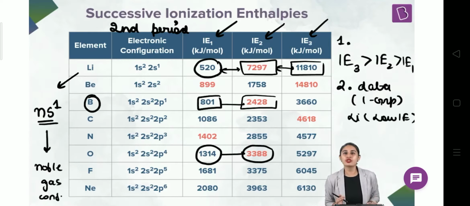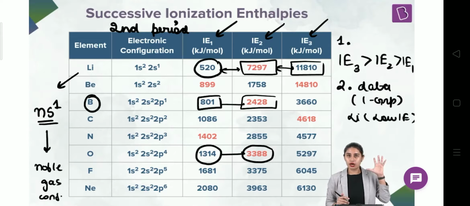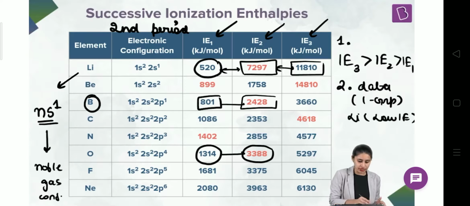But we must know how to utilize this data. So let's see certain questions of utilization of this data, because it is very important. The whole data will help you a long way in deciding which group, in a while. So let's utilize the data and see certain questions.